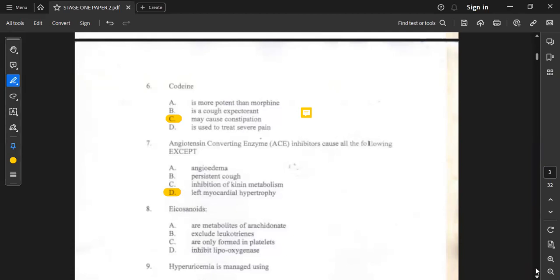The mechanism of action is obvious, inhibiting the angiotensin converting enzyme so that we don't make angiotensin 2. Side effects: angioedema, cough, bradykinin accumulation, hyperkalemia.